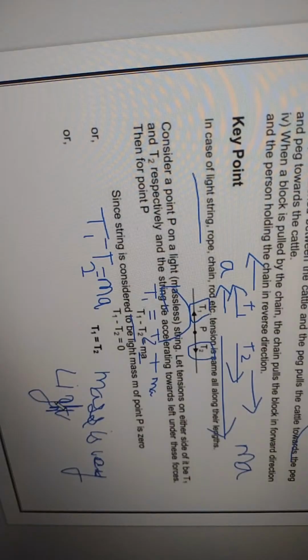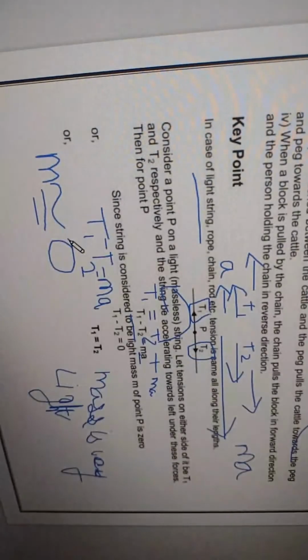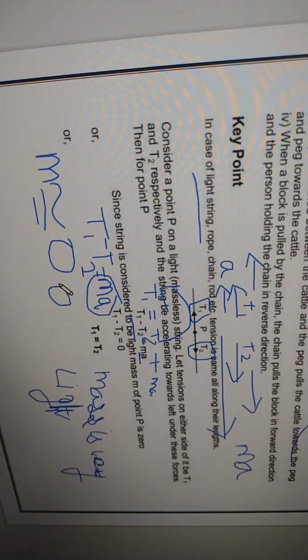M is not exactly equal to 0, but equivalent to 0. So the quantity MA is 0 now. It is 0, so T1 is equal to T2.